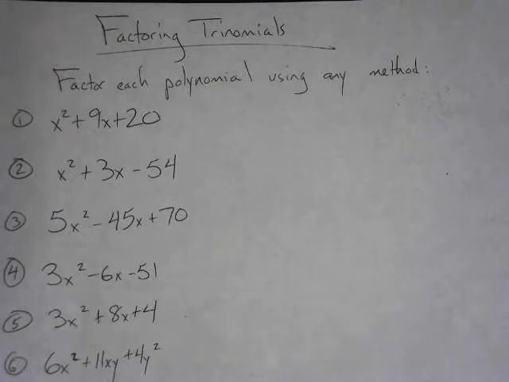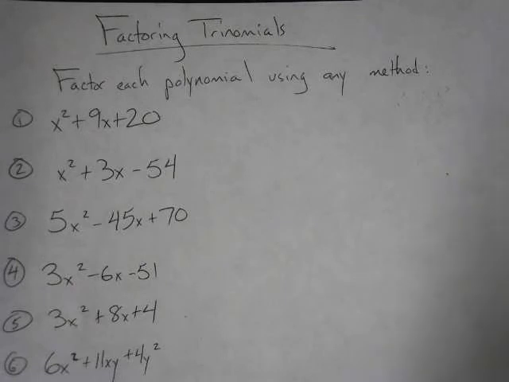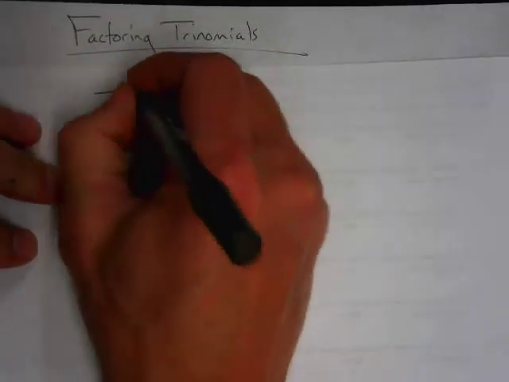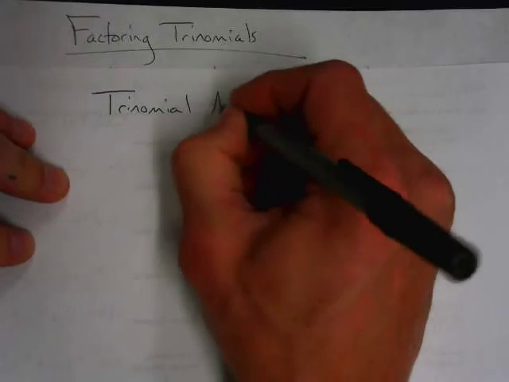So in this video, I'm going to cover a handful of methods that you can choose from to factor trinomials. The first thing we want to talk about is a trinomial model, and we basically stick with a quadratic trinomial model. I'm going to make references to this later on in this video.